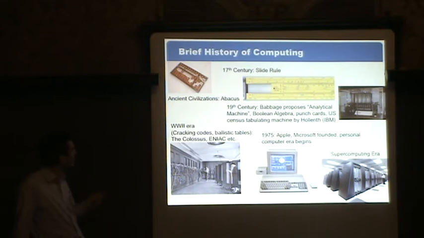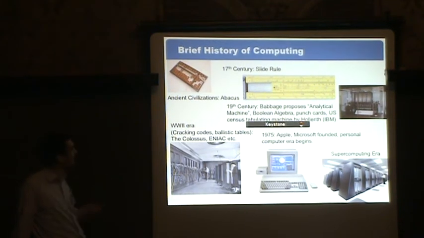The abacus is basically the basis of all the computing devices we have. Then we have, until 17th century, not a lot of development, but we had a sliding rule. And the 19th century was really when computing started to become involved in machinery. And one of the key events that actually catalyzed this was the growing number of population in the United States.